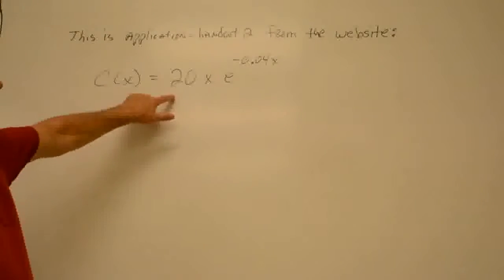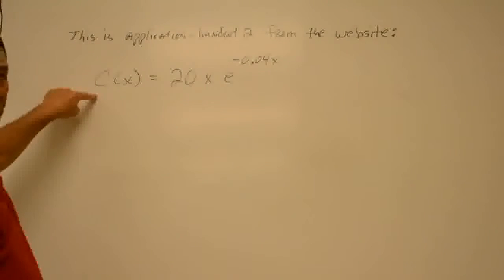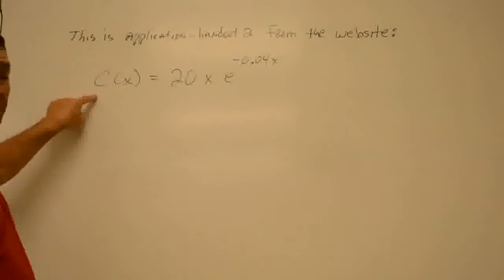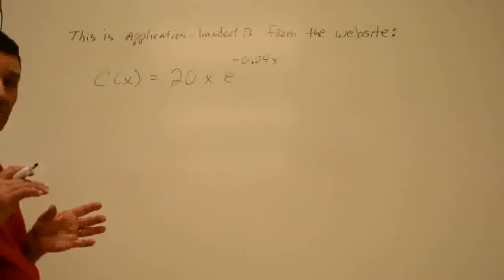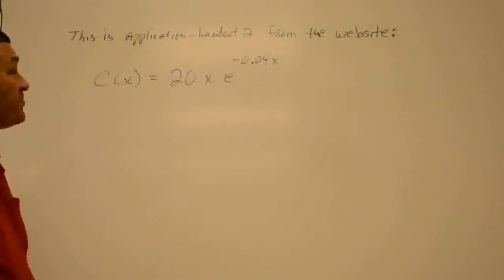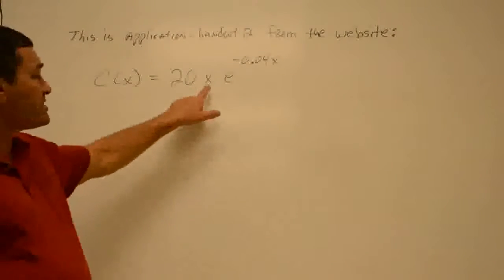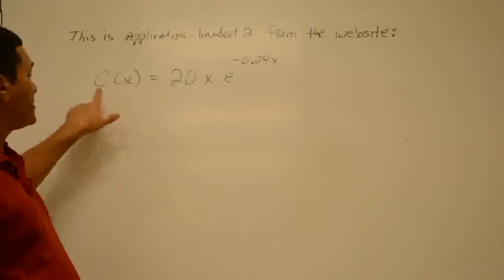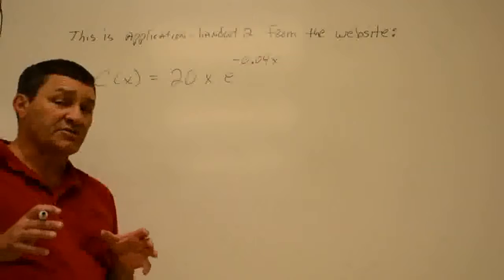What this is, it's a function that gives us the concentration of a drug in the bloodstream X minutes after the drug has been injected into the bloodstream. And so X is how many minutes after the drug was injected, and C of X is the amount of the drug.